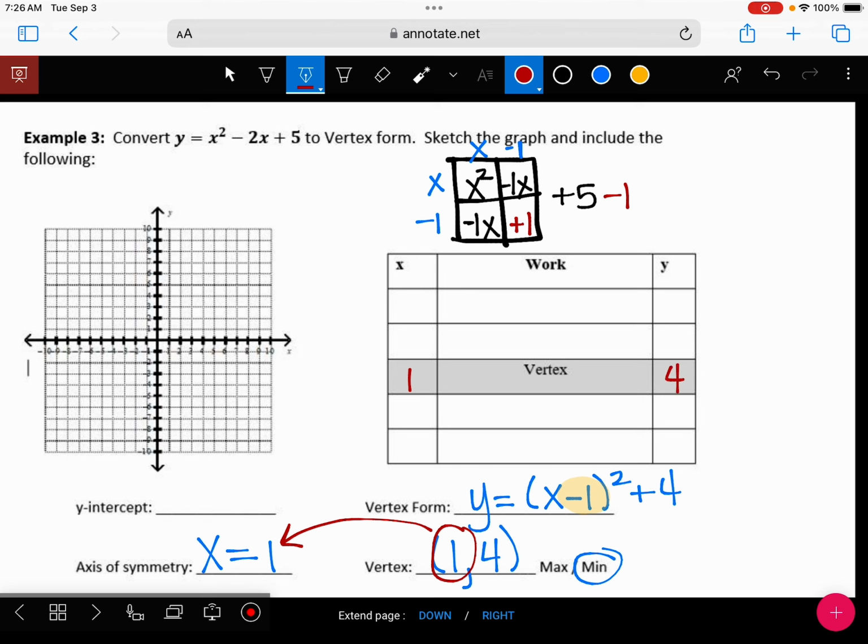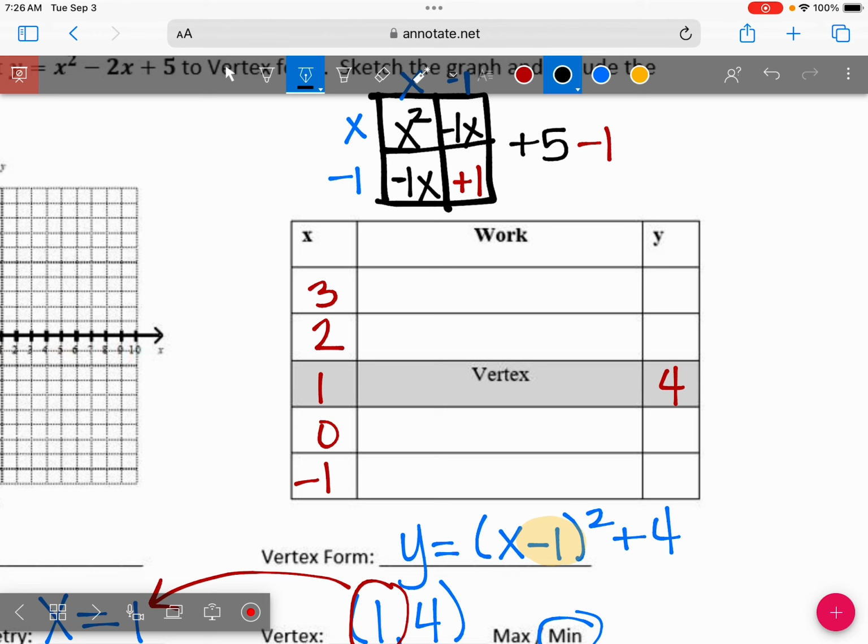So when we look at our number line, we pick the 2 numbers on the left side and the 2 numbers on the right side. So that would be 2, 3, 0, and negative 1. I'll give you a minute to fill in. So we have x minus 1. I'm just going to keep writing our vertex form.